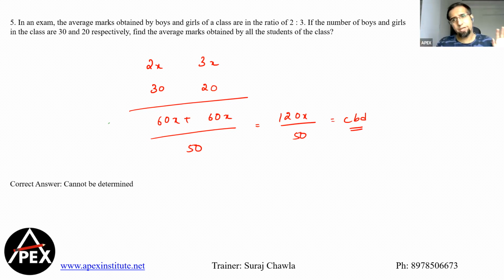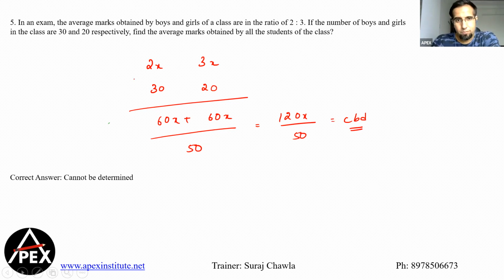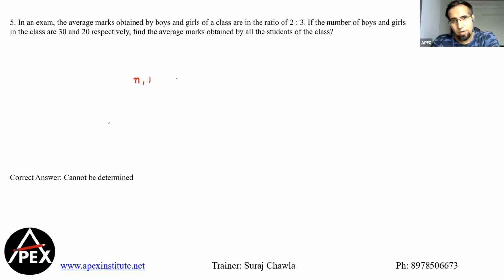So what's the conclusion here, guys? The conclusion is if I'm given the ratio of the denominator, I can get my answer. But if I'm given the ratio of the averages, I cannot get my answer. Which means the average should be given. See, guys, in the formula, if I'm writing (N1A1 plus N2A2) by (N1 plus N2) is equal to, let's say, the overall average.